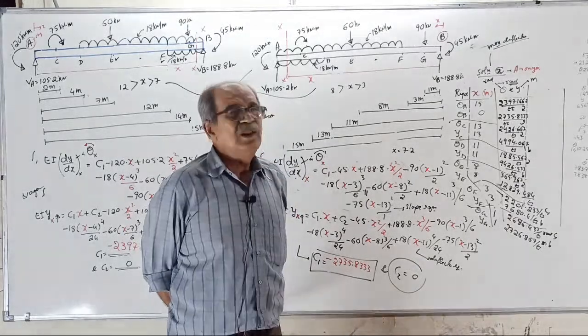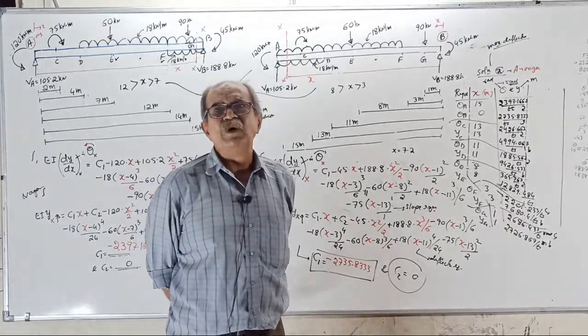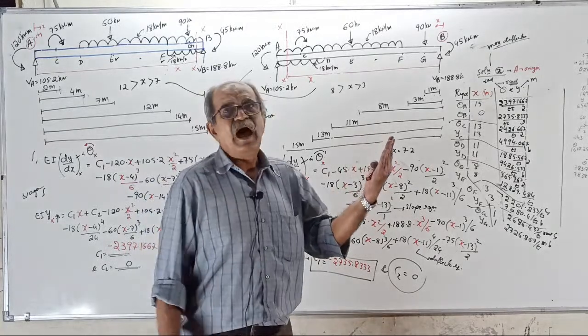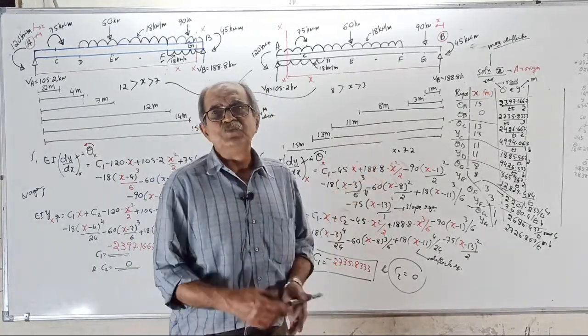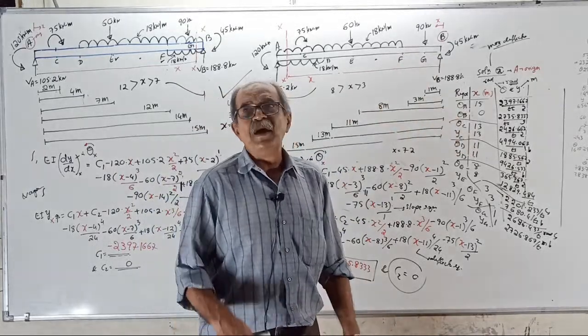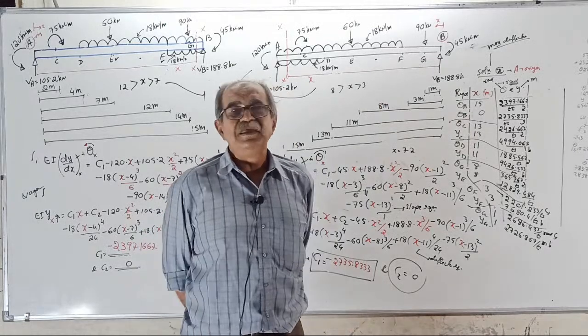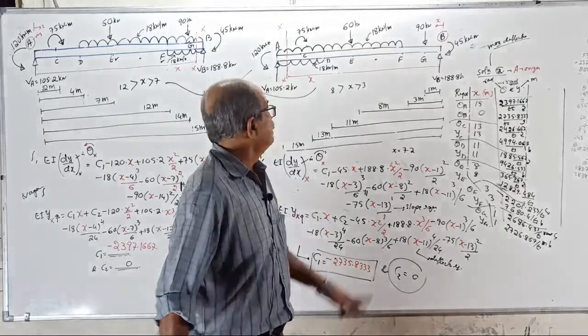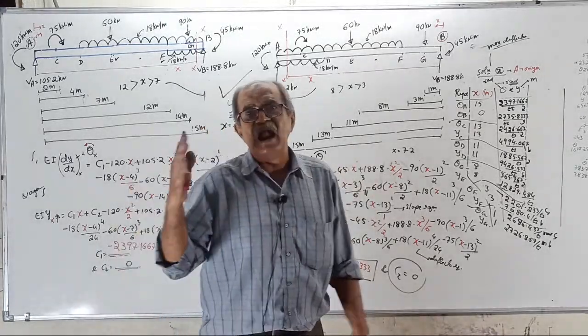Long back, I was very fast in the calculator. Nowadays, when I stand this way, I cannot do calculation. I can do fast calculation only if I sit at a table. So even in offline class, see what I do. Suppose I want to answer, I won't stand near the board.